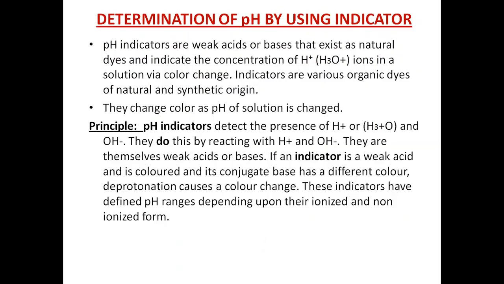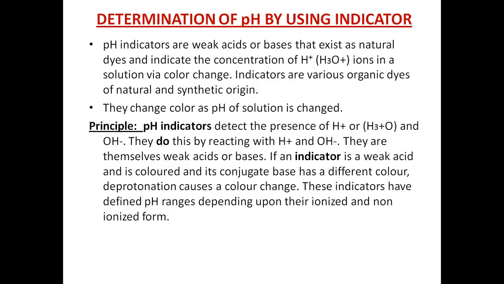So now the determination of pH by using an indicator. pH indicators are halochromic chemical compounds which are added in small amounts to the solution so that their pH can be determined. A pH indicator detects the hydrogen ions or hydronium ions.